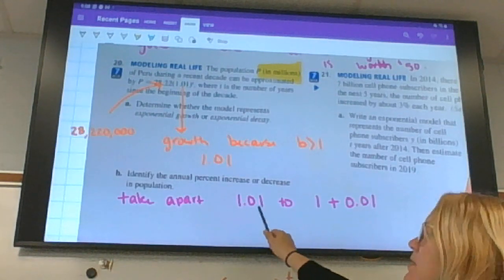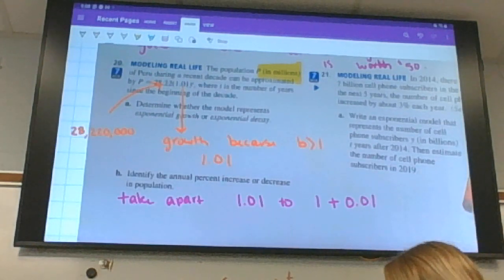So it's 1.01, but when we took notes, we said that growth looks like this. It's the initial amount, 1 plus the rate, raised to time. Well, this equation is 1 plus 0.01. It's just that you don't see the plus sign. They bash it together so you don't see the plus sign.